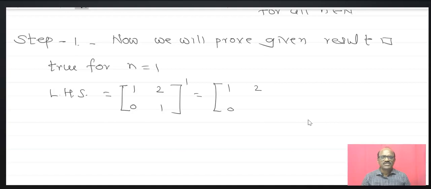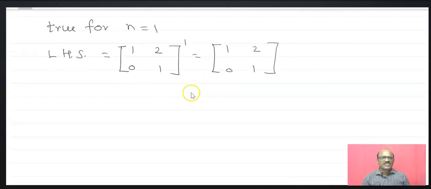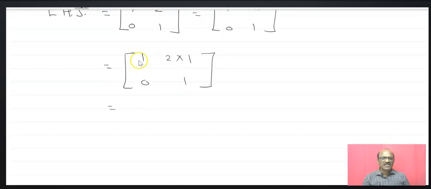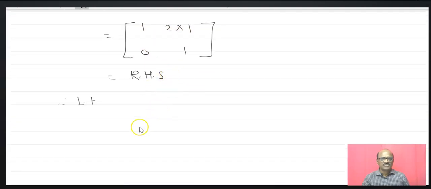This is the foundation. The bracket raised to n is as it is, and therefore [1 2; 0 1] can be written as [1 2·1; 0 1], which is the RHS. Therefore LHS equals RHS.